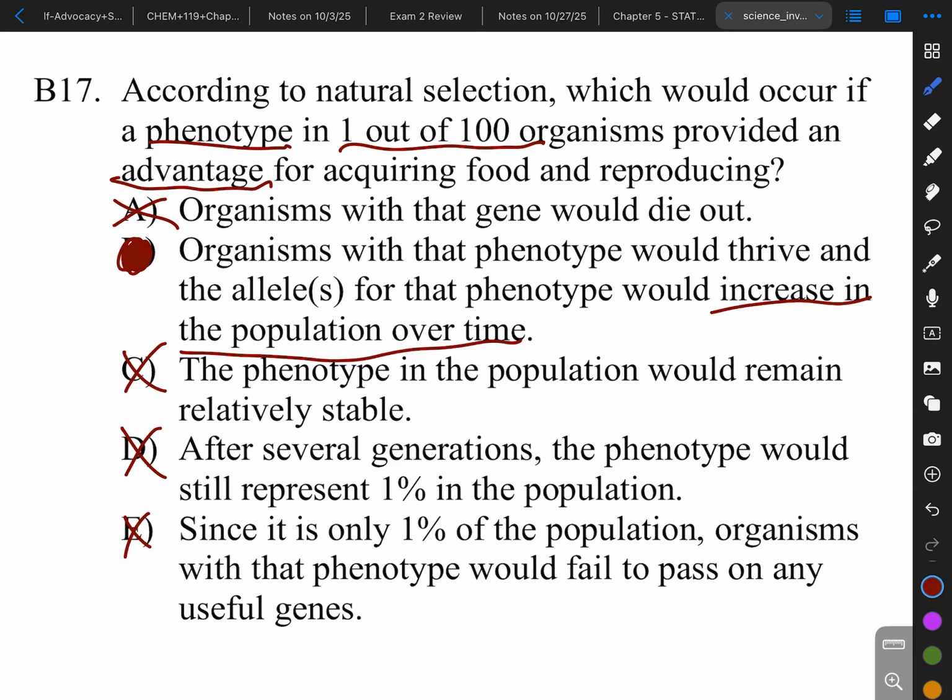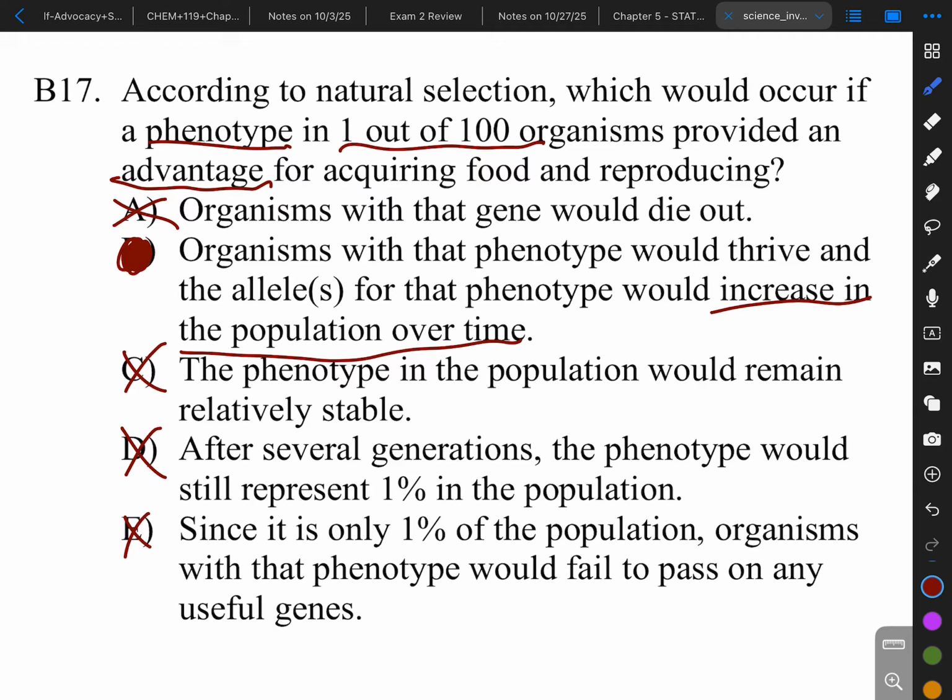So A, organisms with that gene would die out. That is the opposite of what's happening. B, organisms with the phenotype would thrive and the allele would increase in population over time. That is what natural selection is supporting: the survival of organisms with the beneficial traits. C is incorrect because the beneficial trait will increase the population over time.